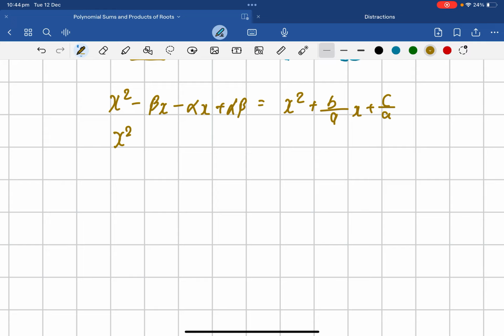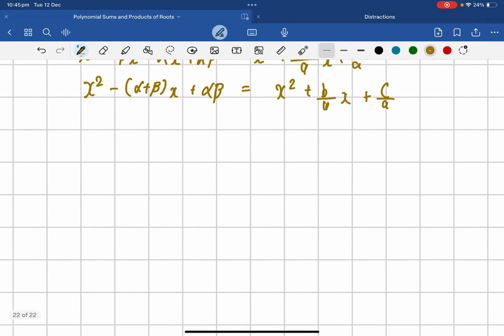Well, this is just x squared minus beta x, minus alpha x. So you can combine this and take the x out: x squared minus (alpha plus beta) x plus alpha beta is equal to x squared plus b over a x plus c over a. Okay, simple. This is what we want.